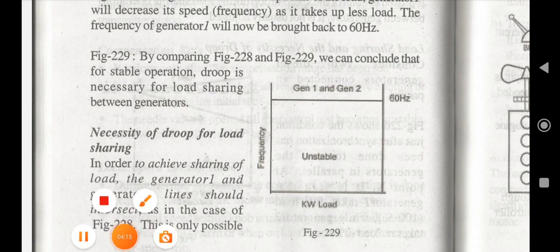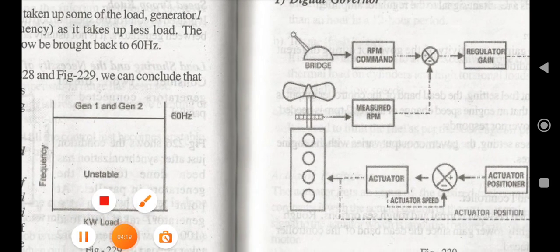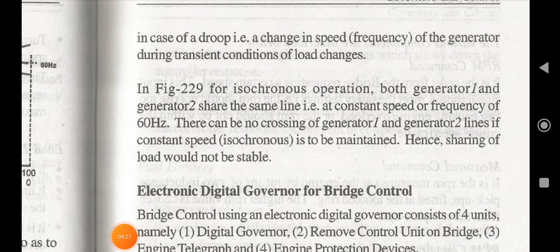This is only possible in case of droop, that is, change in speed of the generator during load changes. This droop, or change in speed or frequency of the generator, is only possible during the transient condition of load changes.